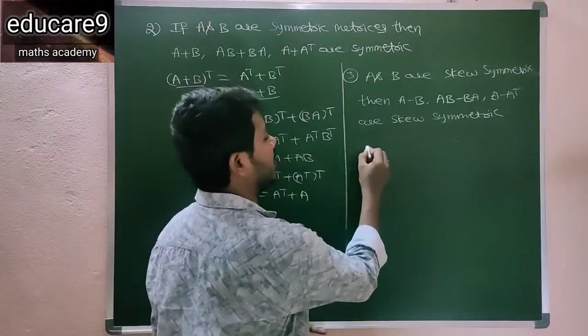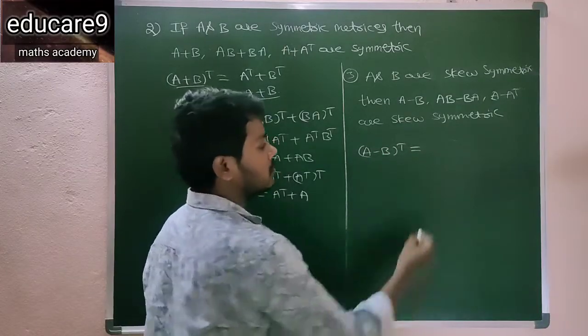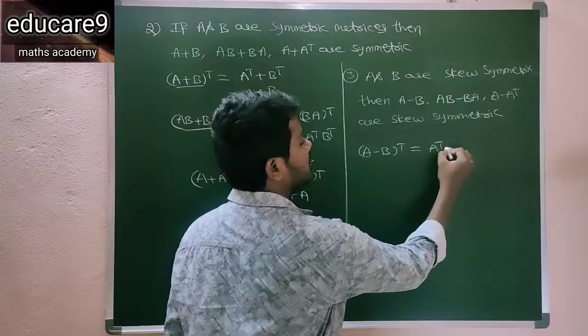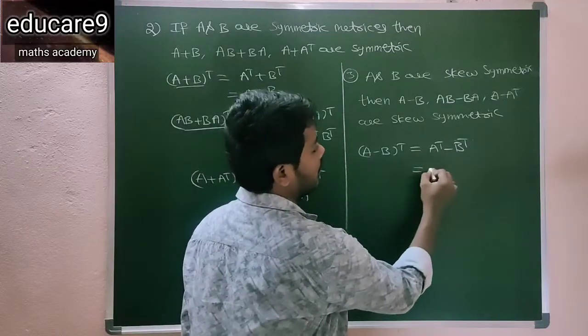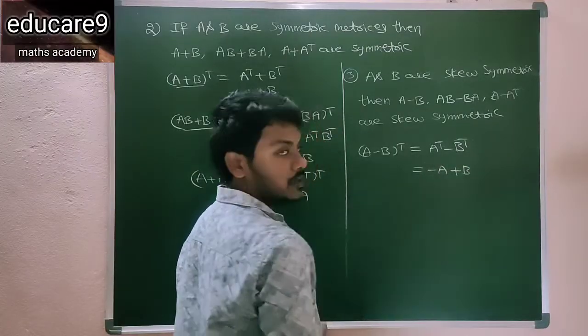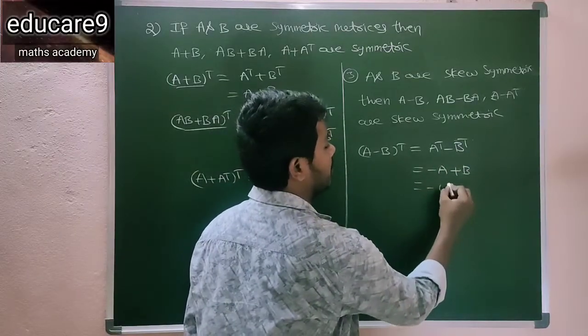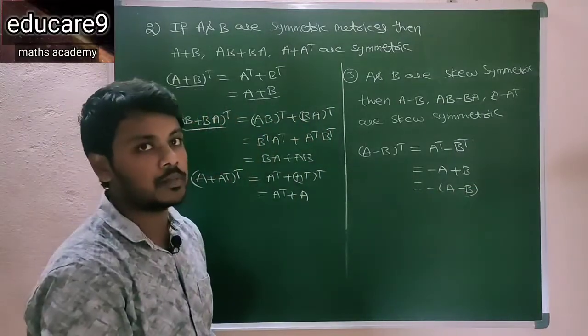See here, first find A minus B whole transpose. So what you get? A transpose minus B transpose. Here what is A transpose? Minus A, and B transpose is minus B. So we will get minus of A minus B. Therefore A minus B is skew symmetric.